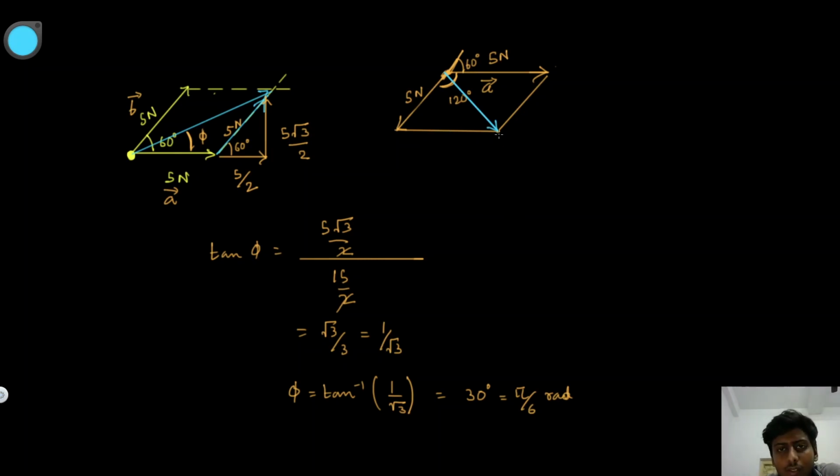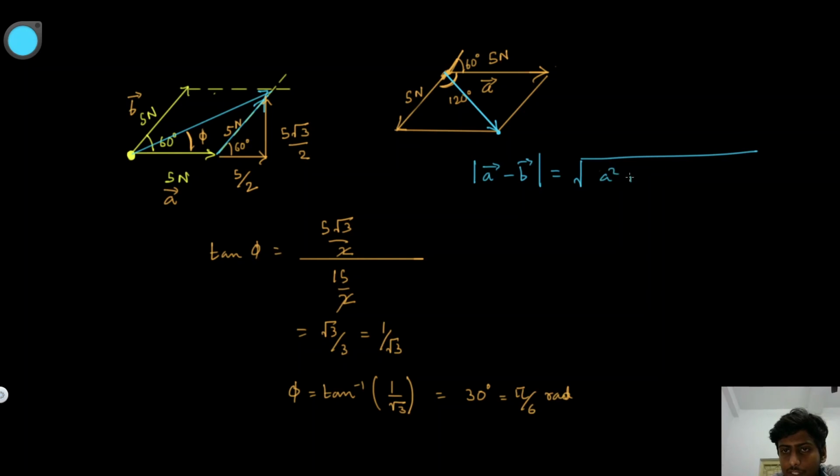So the magnitude of this resultant vector, mod of a vector minus b vector, right, would be square root of a square plus b square minus 2ab cos theta, right? So let me just write the formula first.